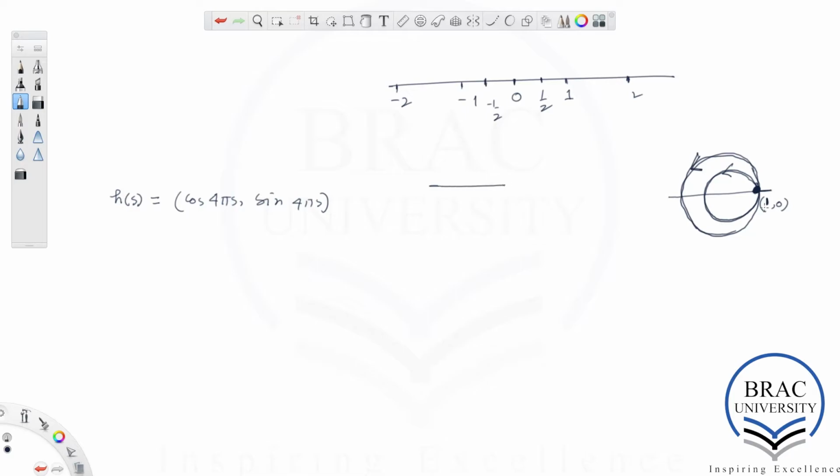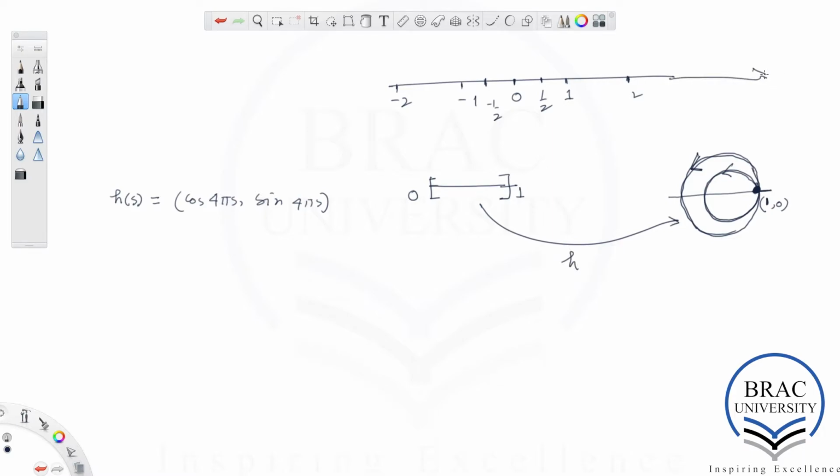Now, this path, the loop, after getting around the circle twice, we end up with a loop that is a path from [0, 1] to the unit circle, right? Given by h.